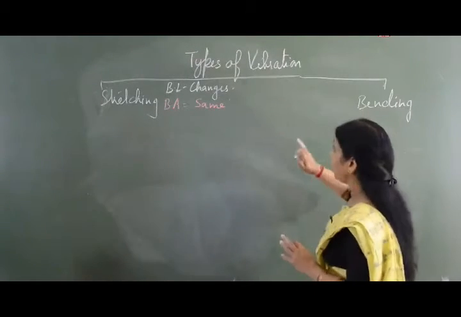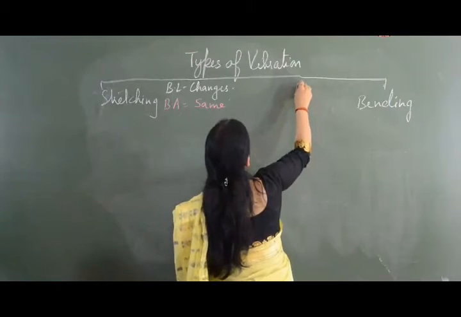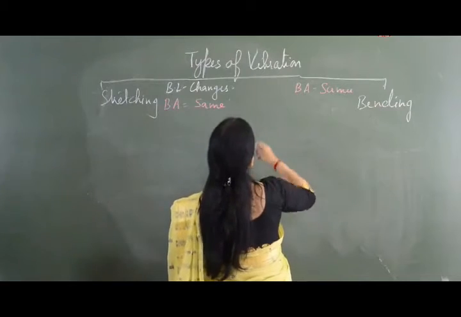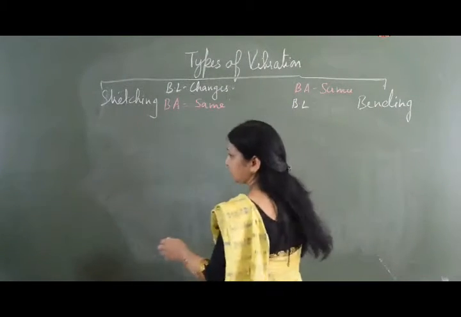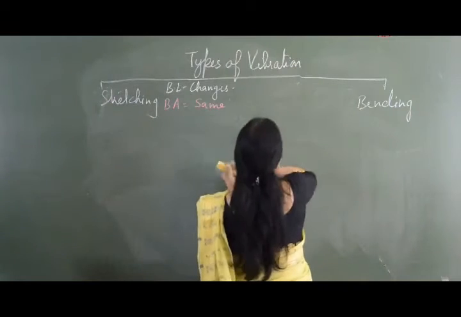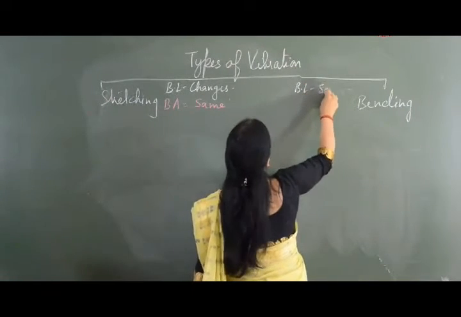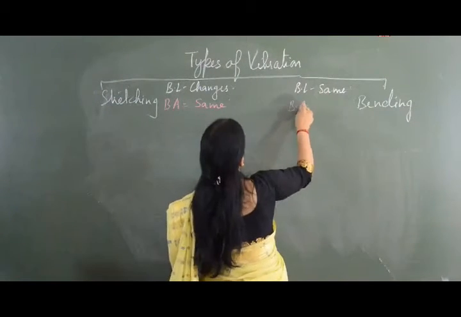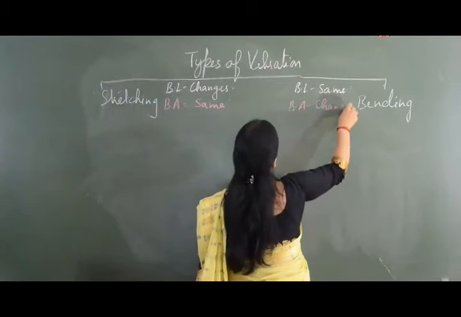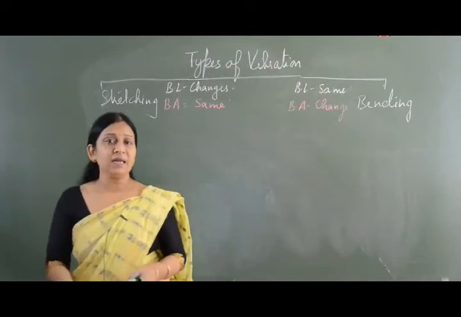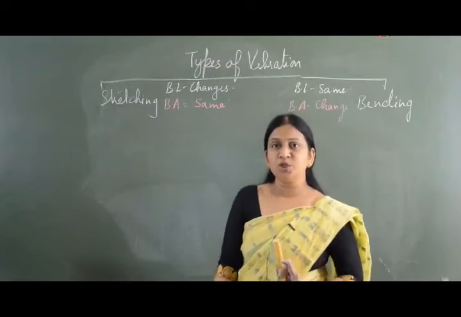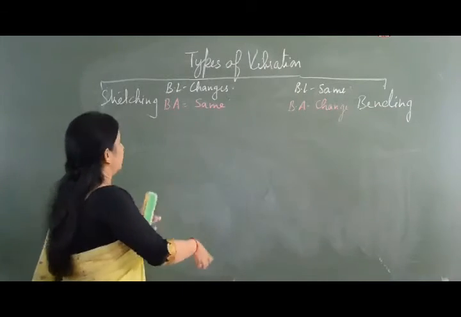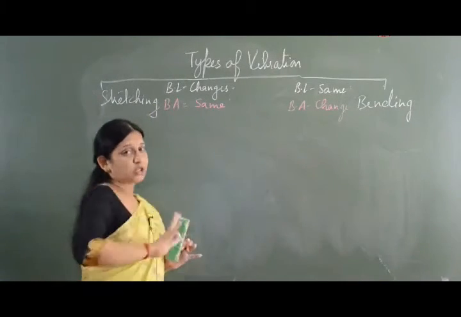And in case of bending, bond length is going to remain the same, whereas bond angle or bond axis is going to change. So that is the basic difference between stretching and bending vibrations.